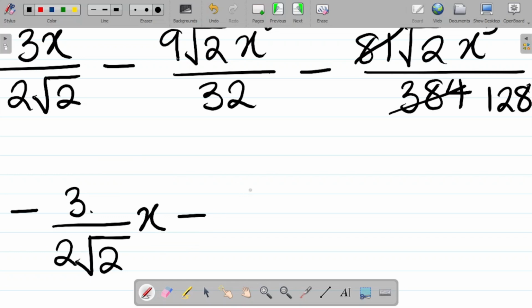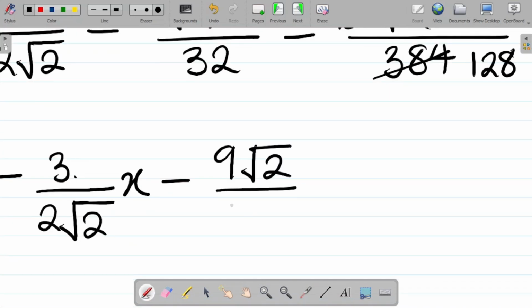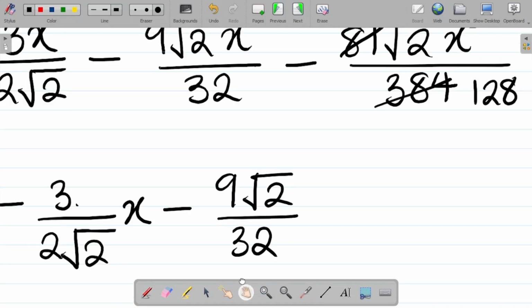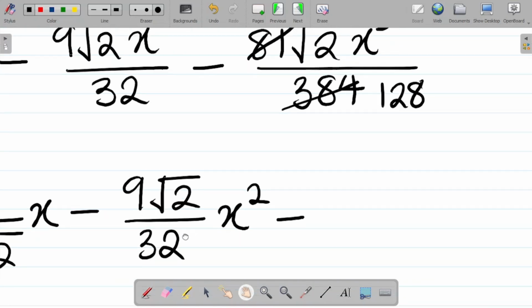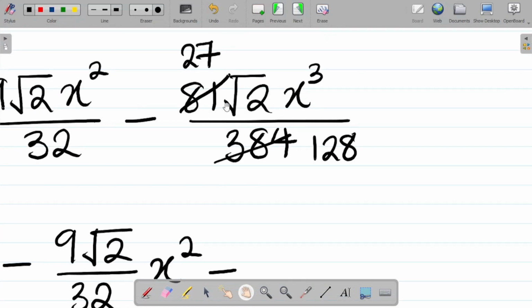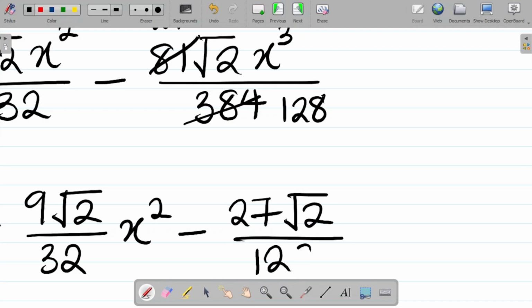Then minus, next thing we have there is 9 root 2, so 9 root 2 all over 32 into x squared, minus, what I have here becomes 27 root 2. So I'm having 27 root 2 all over 128 into, I now have x cubed here.